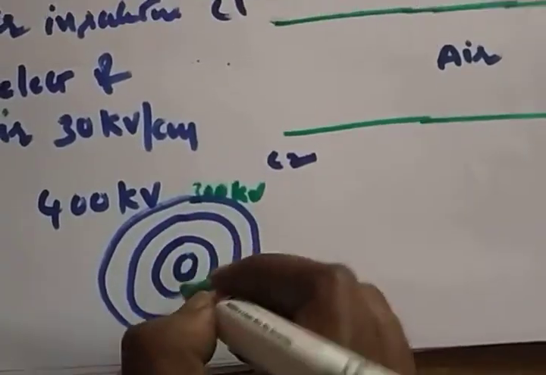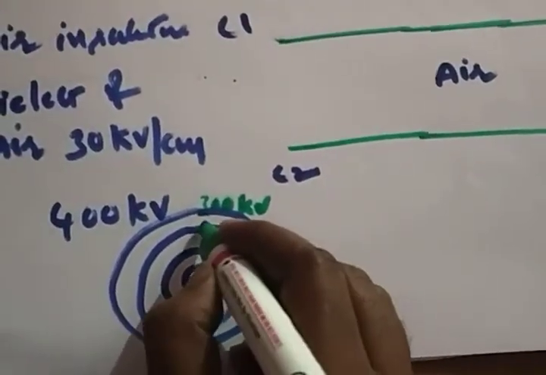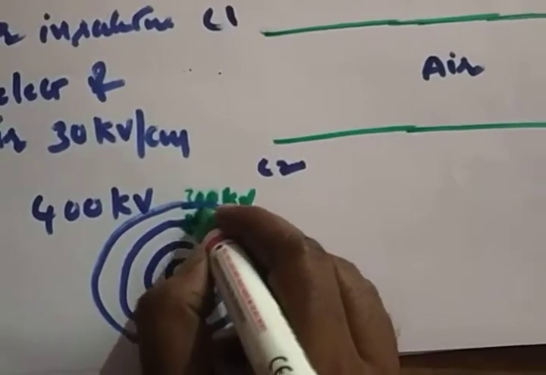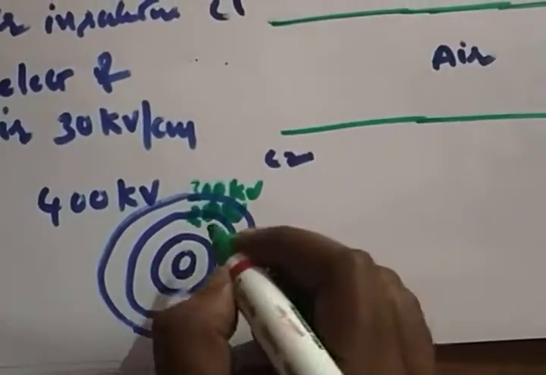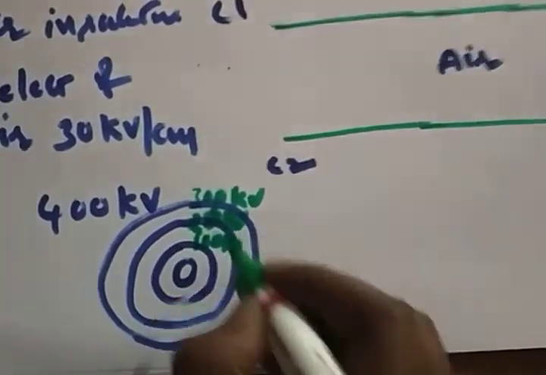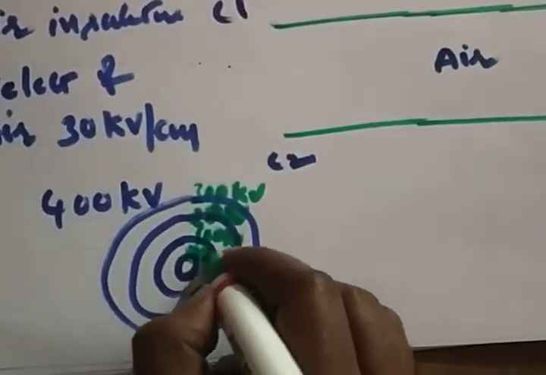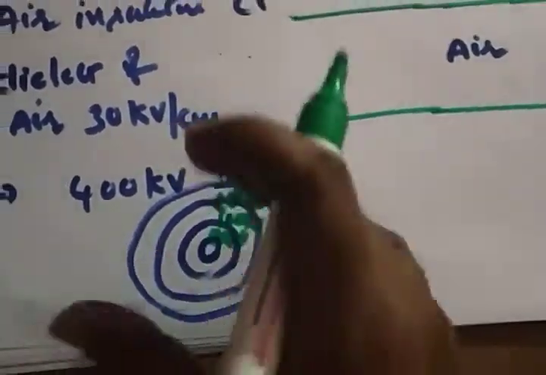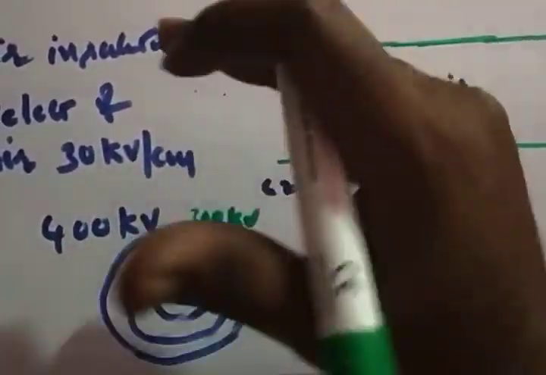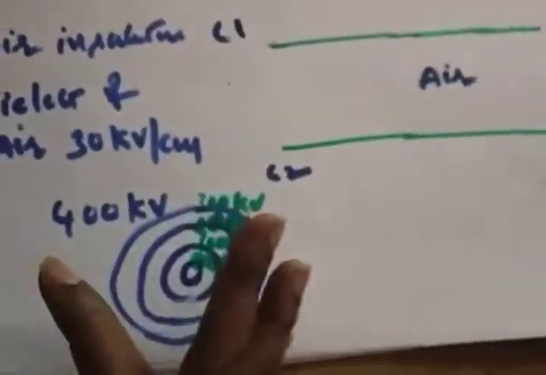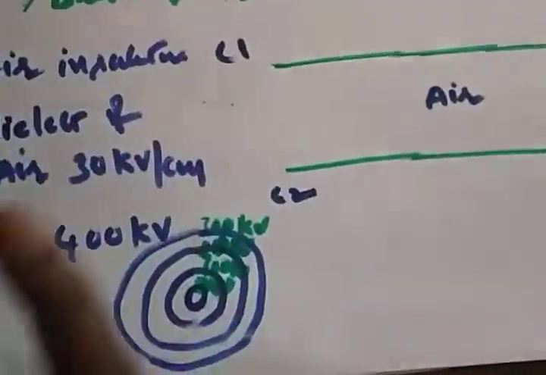As the distance reduces, here you will get 250 kV, here 100 kV, here 50 kV. Like that, the potential is distributed over the conductor. That's the potential distribution, so we can call it the potential gradient.